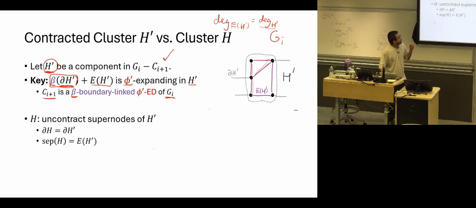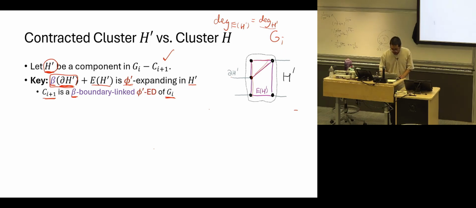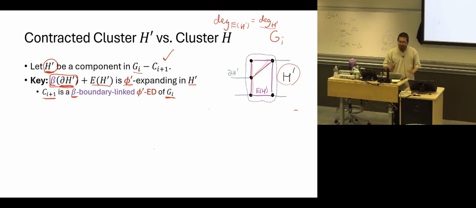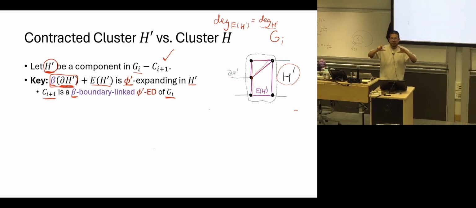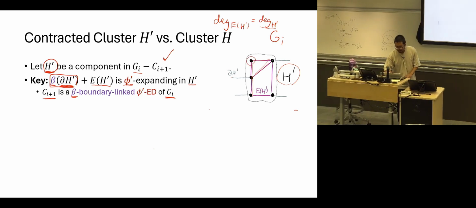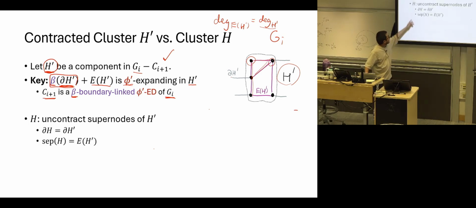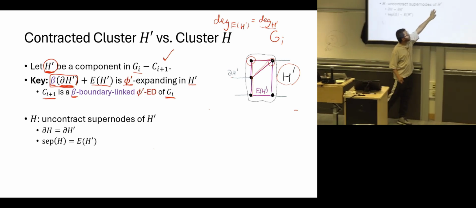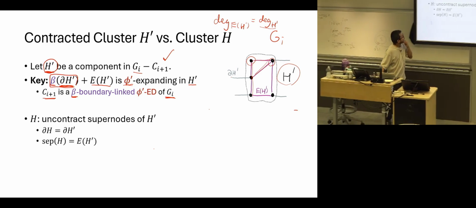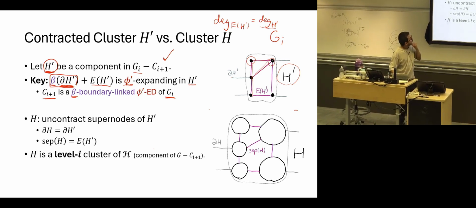By the way, note that this H prime is a component in G_i, but G_i is a contracted graph, right? So every node in H prime actually corresponds to some induced subgraph in G. Let's consider this H, which is the uncontracted version of H prime. When you uncontract all supernodes of H prime, you get H, like this.